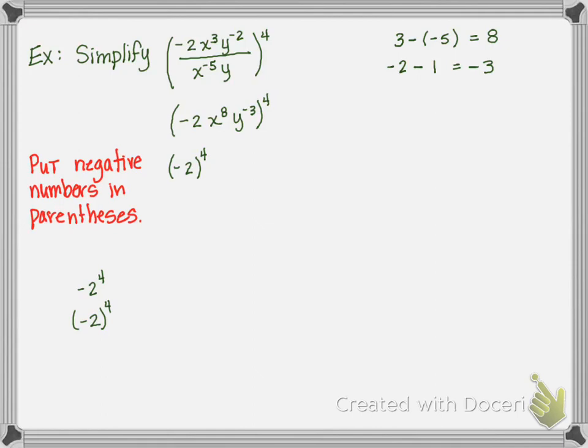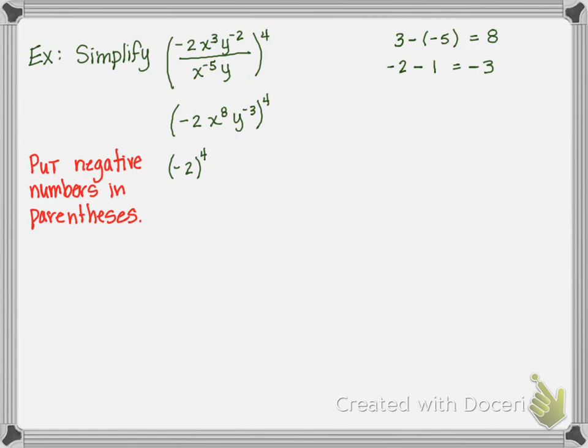And the second one is 4 factors of -2. So if you don't use parentheses, you're mathematically saying something different, and it'll get you a different result. So every time you have a base that is a negative number, you want to put it in parentheses.